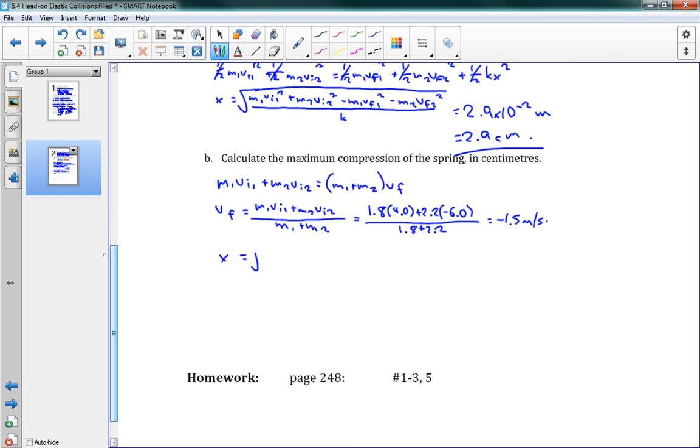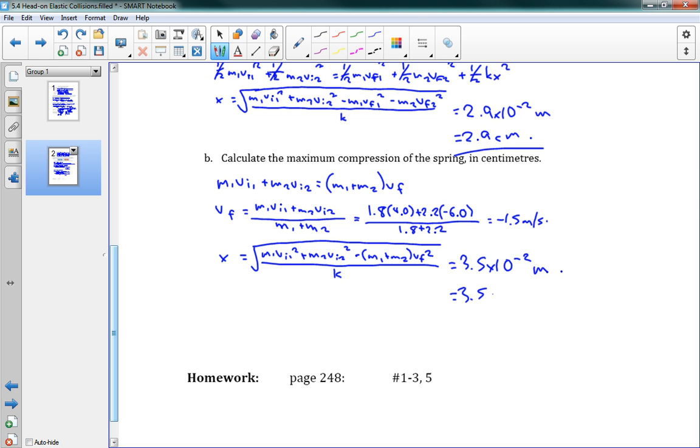So I have my square root of m1 vi1 squared plus m2 vi2 squared minus m1 plus m2 times vf squared, all of that divided by k, and we'll take the square root. Again, I'm not putting in the numbers, but we get 3.5 times 10 to the negative 2 meters, which is 3.5 centimeters. So that's the maximum that that spring will compress.